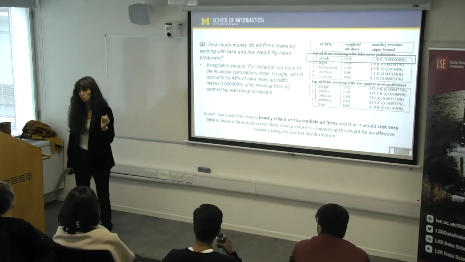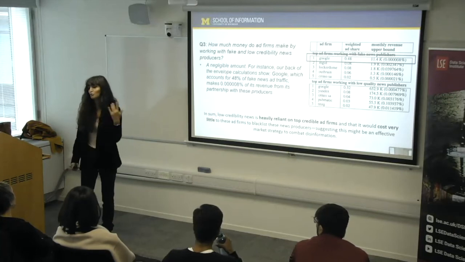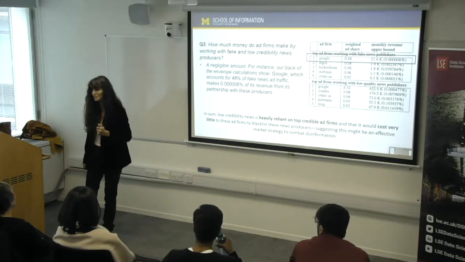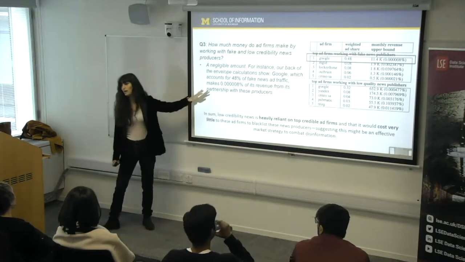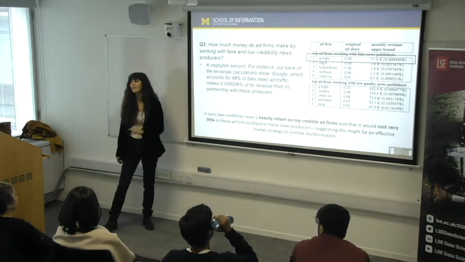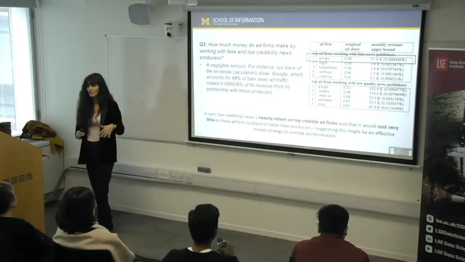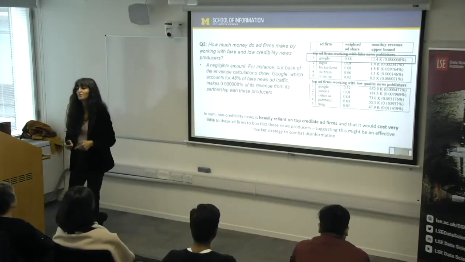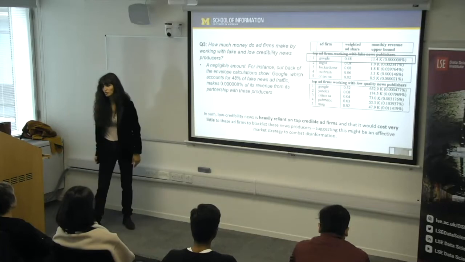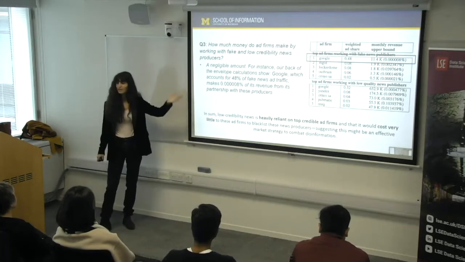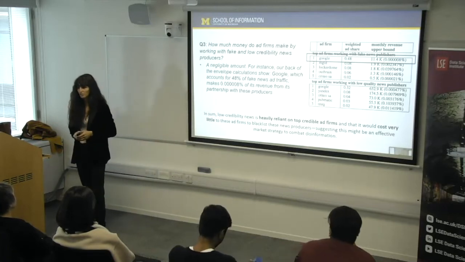You would think it's an upper bound because that includes more prestigious publishers. So these publishers could not charge more. So using that and using Google's announced revenue, we can do this back of the envelope calculation to see how much they're making from this yearly and how that compares to the Google revenue.